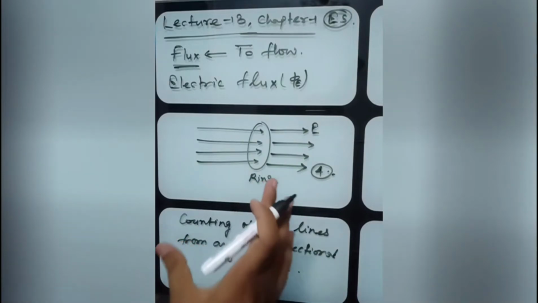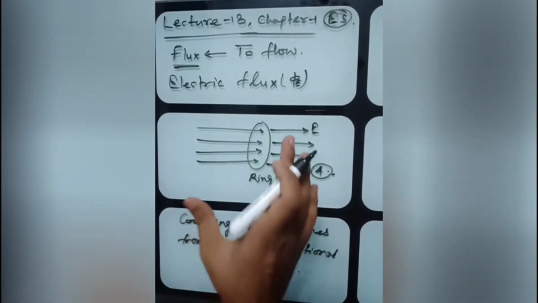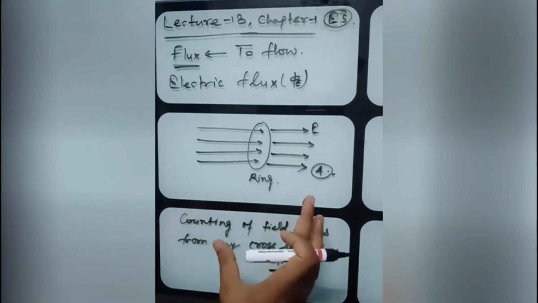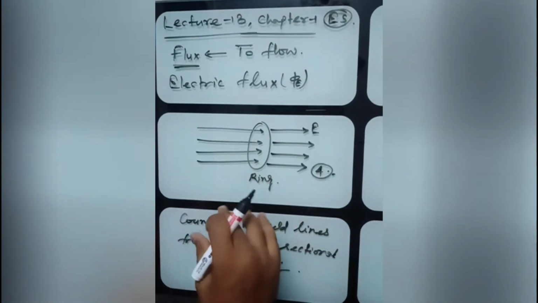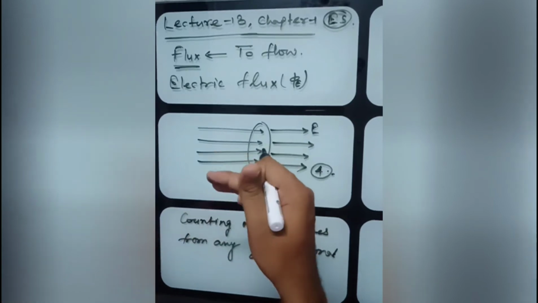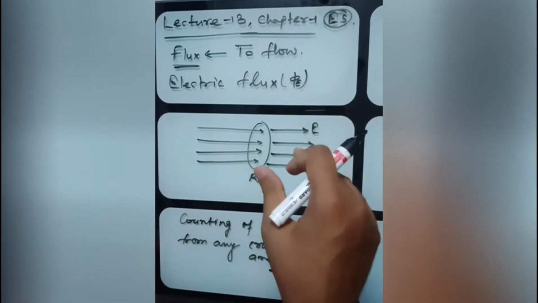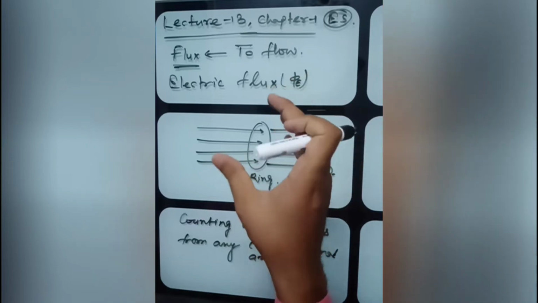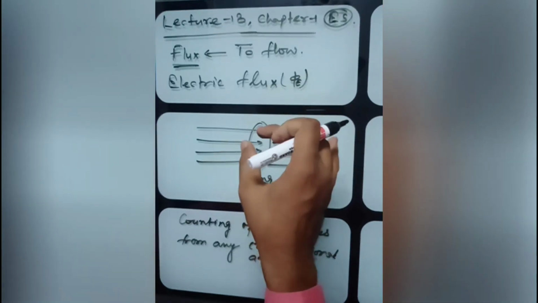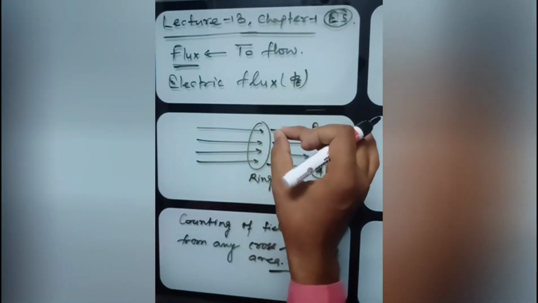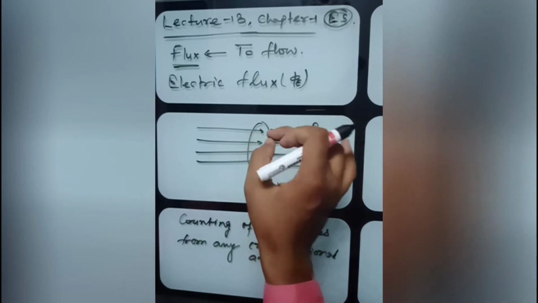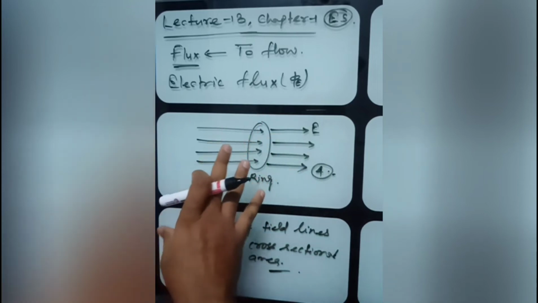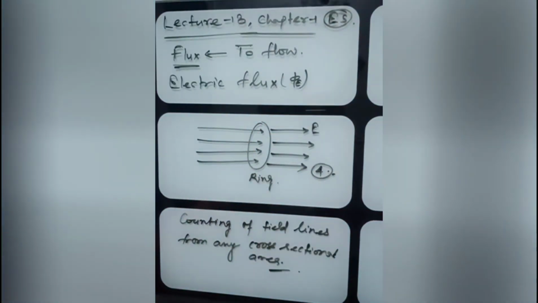This is the counting of electric field lines from any cross-sectional area. If you write the proper definition of electric flux, you can write: the total electric field lines flowing through a given cross-sectional area is called electric flux. This is the definition I have given you of electric flux, student.